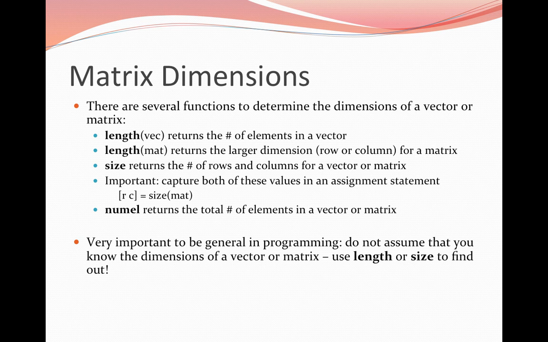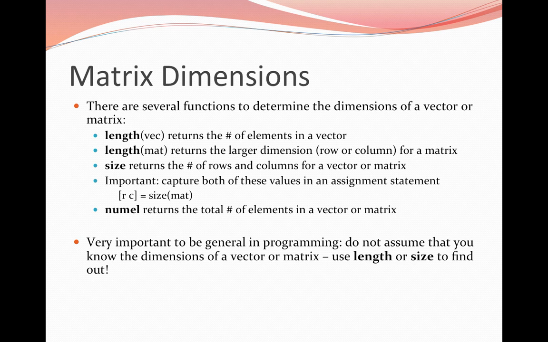Since the size function actually returns two things, and this is very important, you want to be able to capture both of the values that the function returns in an assignment statement. So if I say size of a matrix, that's going to return two things. First, the number of rows, and then the number of columns in the matrix.